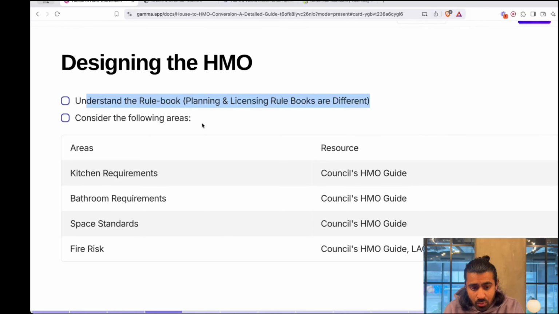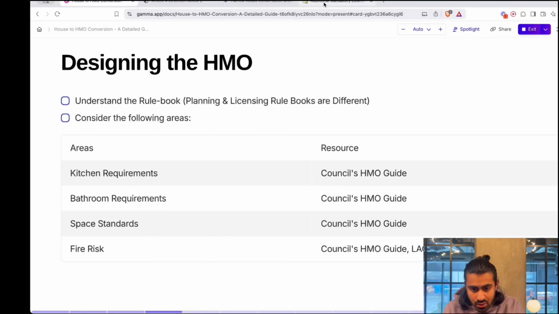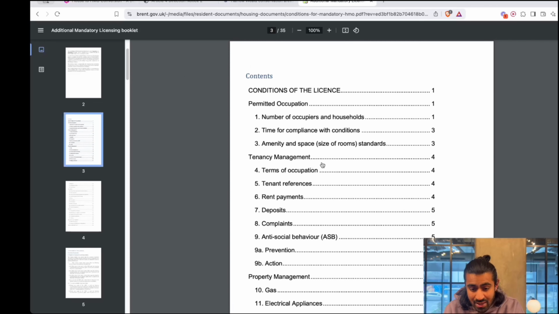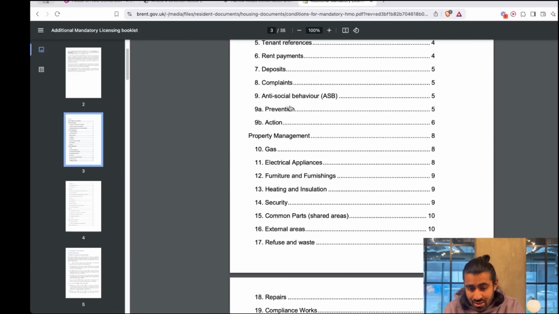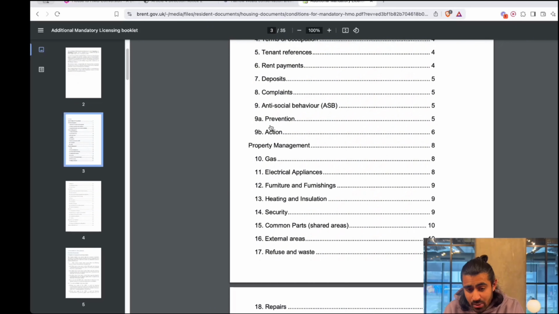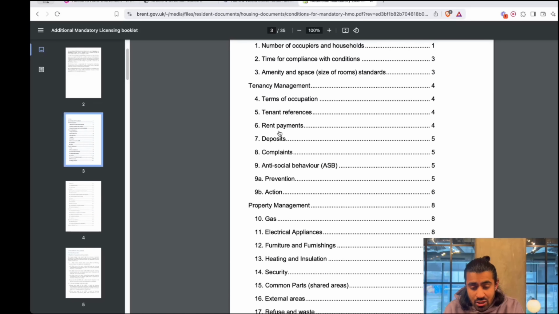Another thing that's really important when we are designing our HMO: if you notice in this rule book, you've got things like tenancy management, antisocial behavior, deposit protection, rent payments, property management. From a design perspective, we care more about conditions that impact the material change of the property.